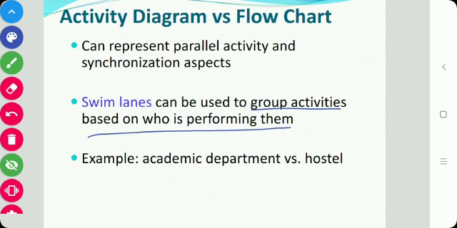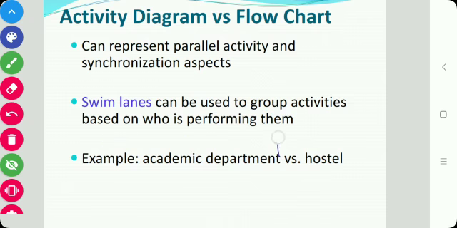For example, in the institute or in the college, there is an academic department, there is a hostel office, or there is a separate department. So, these are the swim lanes, and swim lanes subdivide the activities based on the responsibilities of some components. The activities in the same lanes can be assigned to some model elements.